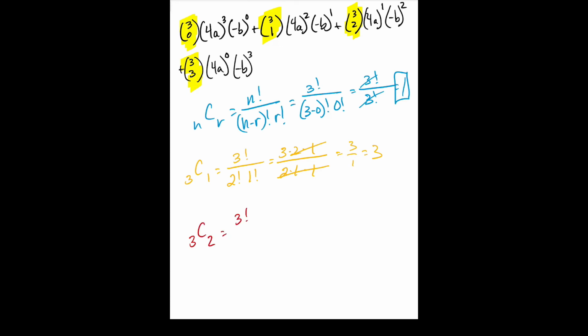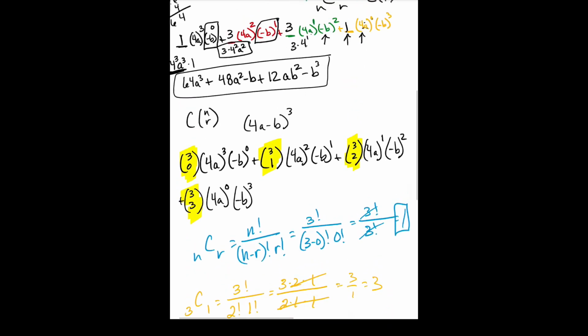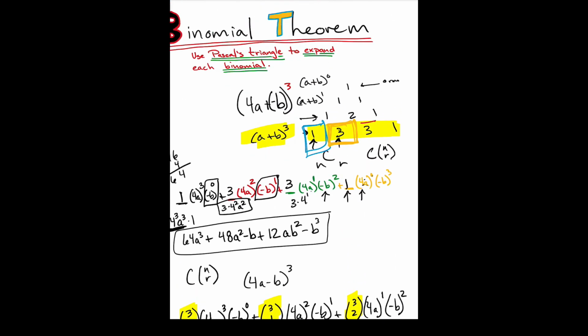So that's 3 factorial divided by 3 minus 2, which is 1 factorial, times r factorial, which is 2. So I have 3 times 2 factorial at the top, and then 1 factorial is 1, divided by 2 factorial, so I know that this cancels out, giving me 3 over 1, which is 3. And again, because of Pascal's triangle, I already knew that.